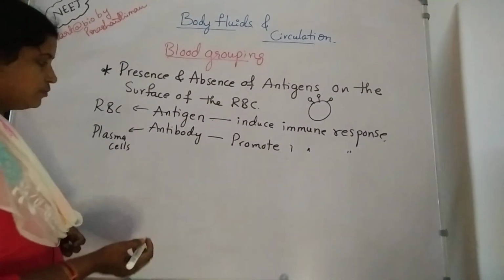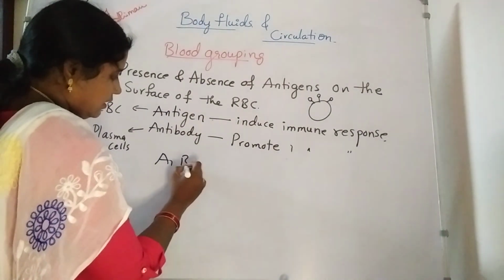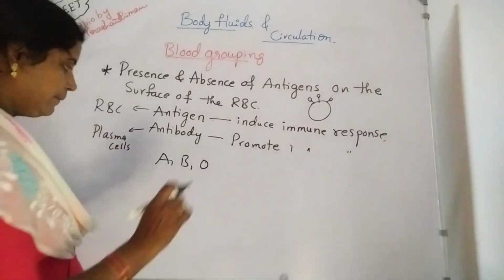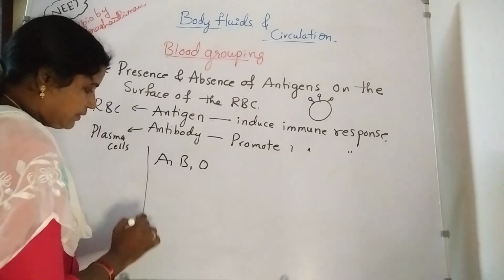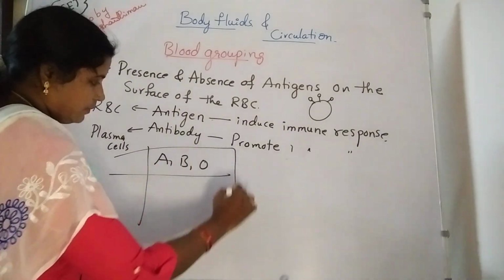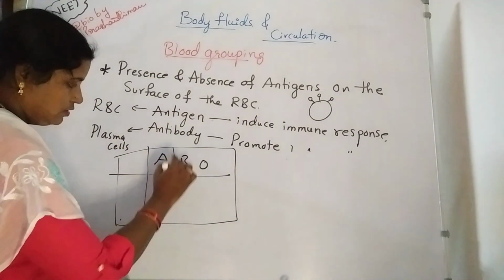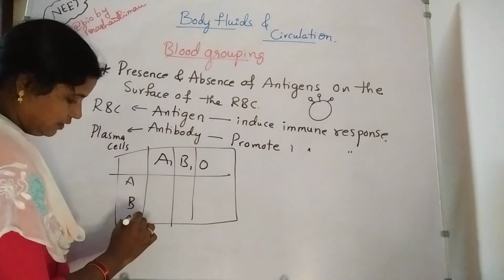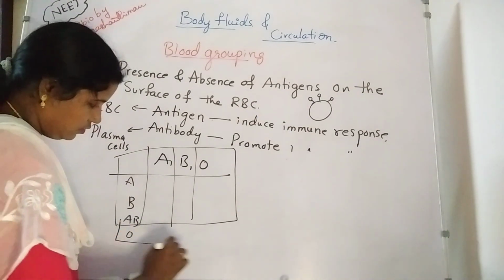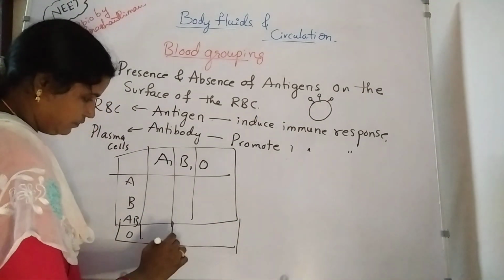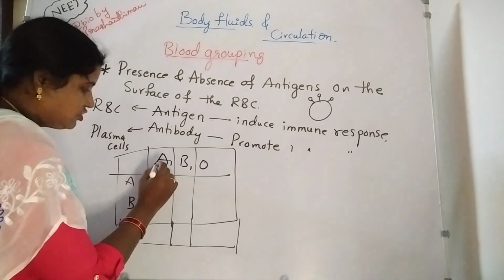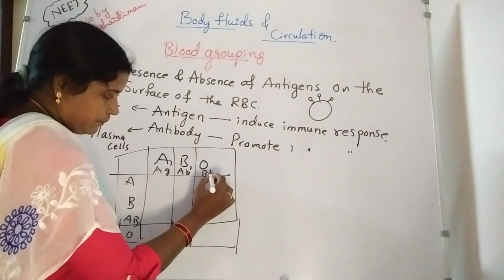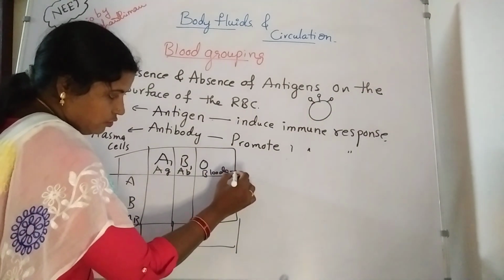Okay, what are the types of blood groups now? A, B and O. So why are they divided into A, B, O blood groups? Because in this ABO blood grouping process, A, B and then AB and then O. So here antigens, antibodies and then blood group donors.